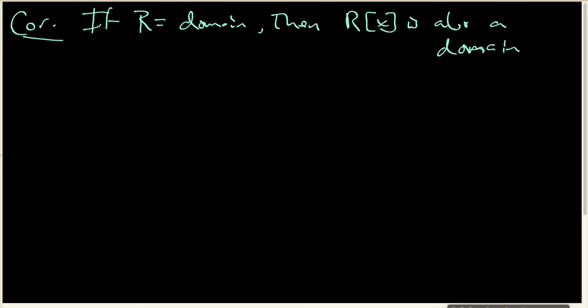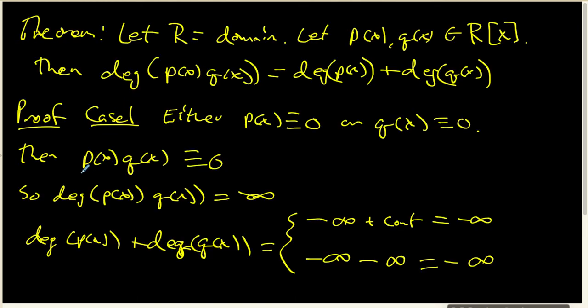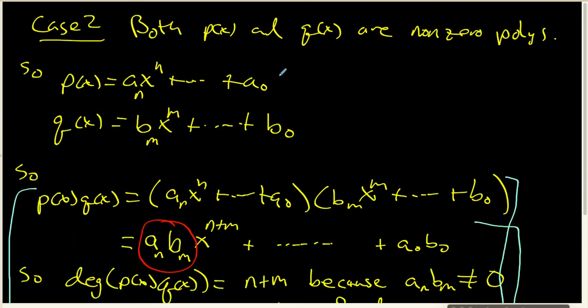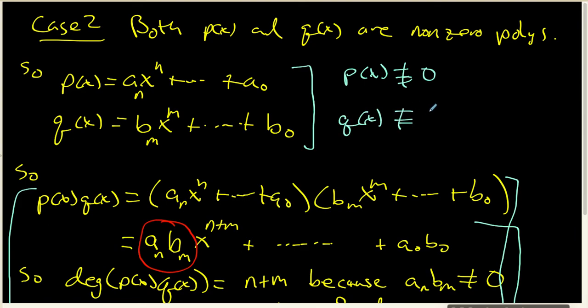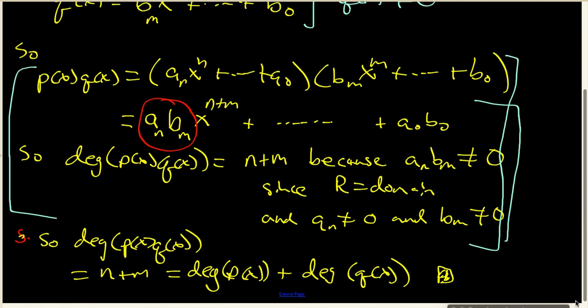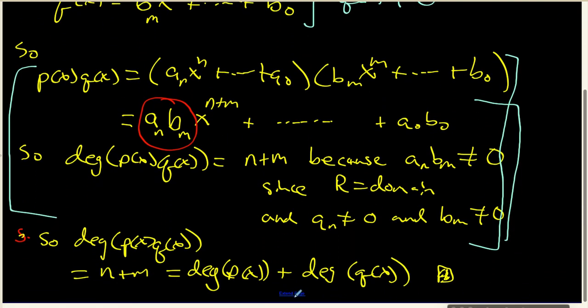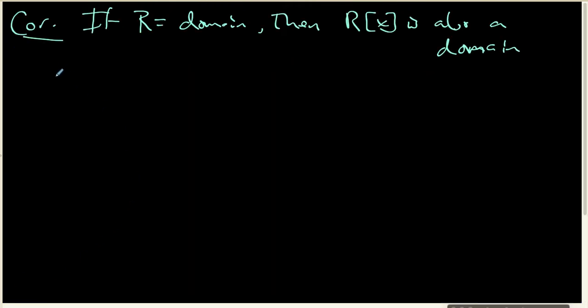In the proof that we just did, we assumed that we had two non-zero polynomials. And we showed that the product of two non-zero polynomials was a non-zero polynomial. So I want to get that idea written down for the proof of my corollary.